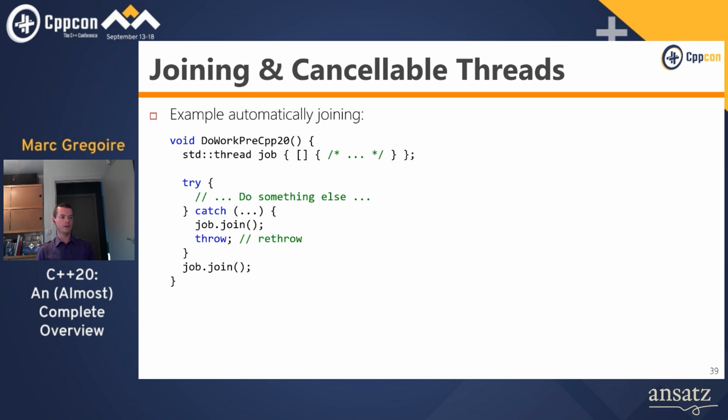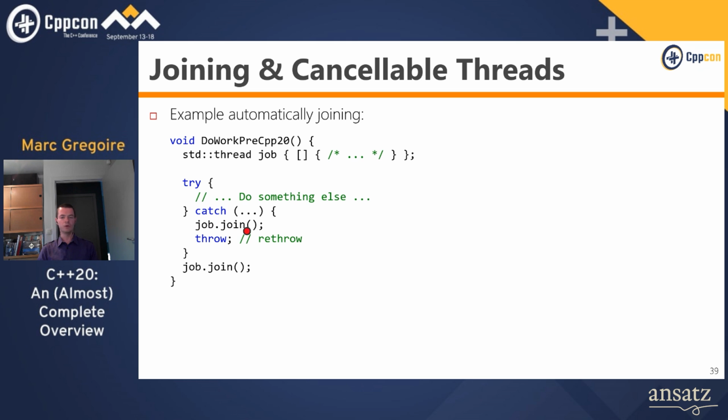So we have to be careful here, because if the thread object is destroyed while it is still joinable, then your application will terminate. So I have to make sure that I call join at all the points in this function where the function can finish. And of course, my do-something-else can throw an exception. So I have to wrap this whole code inside a try-catch block. In the catch, I have to catch all the exceptions.